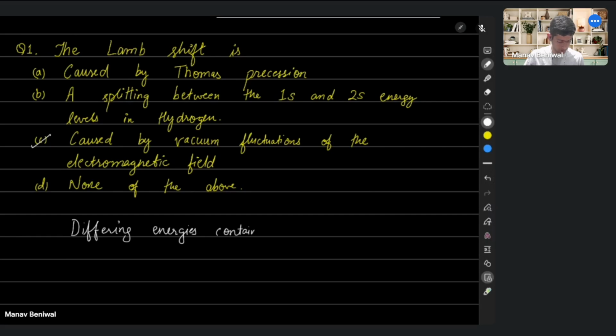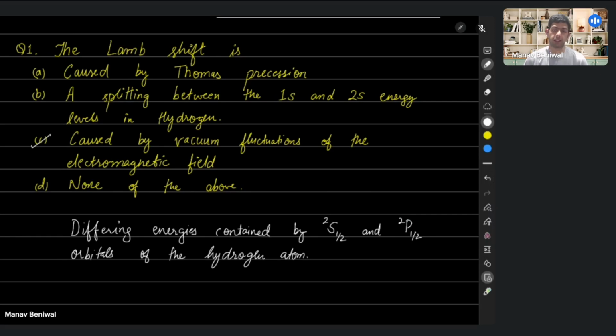And this is caused by interactions with the virtual photons, which are in fact created through the vacuum energy fluctuations of the electromagnetic field.